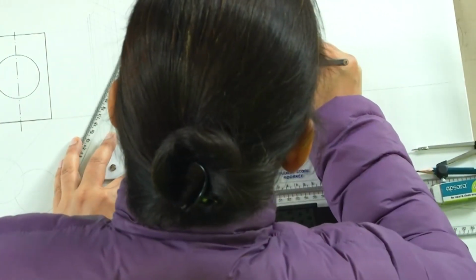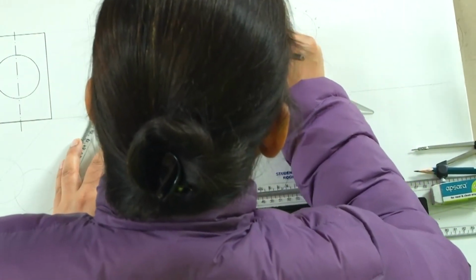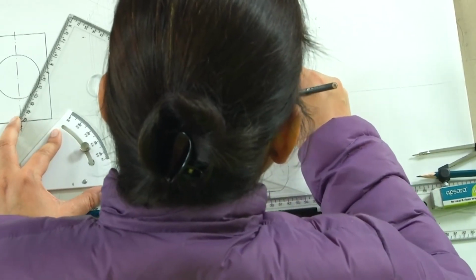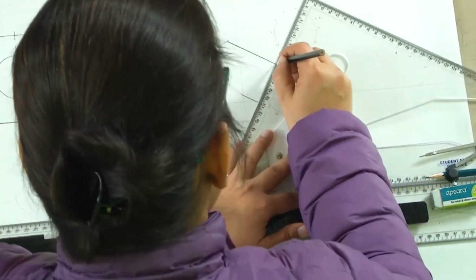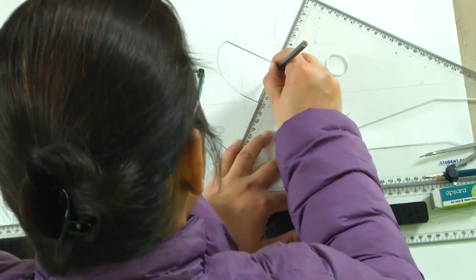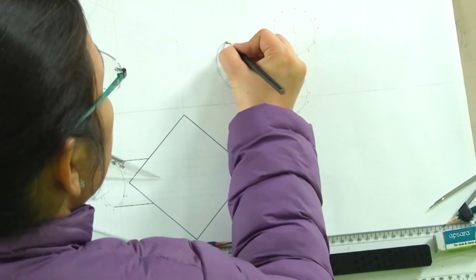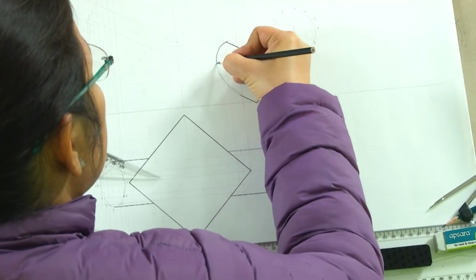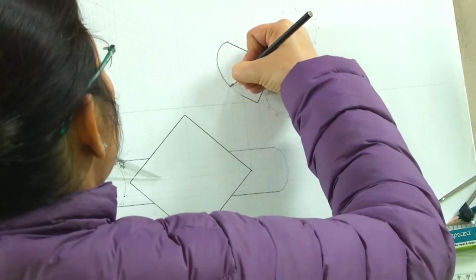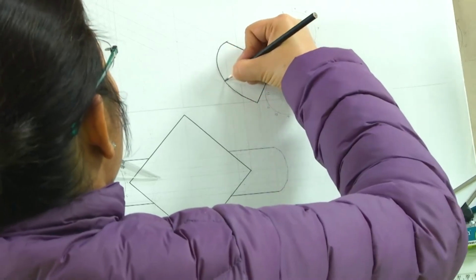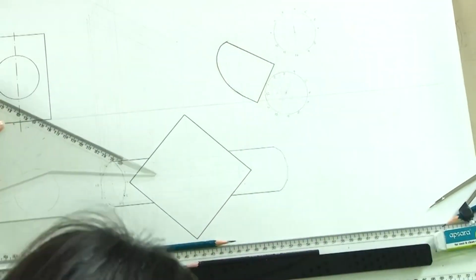So, what we see in this case is a part of the cylinder which is coming out of this prism.